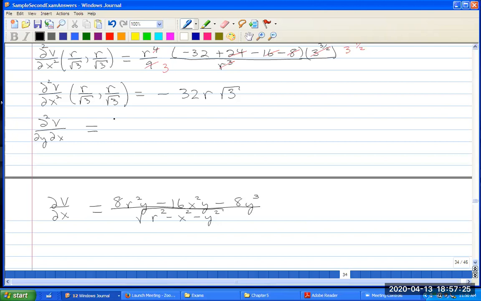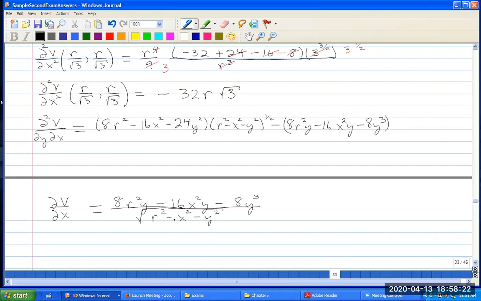So it's 8 r squared minus 16 x squared minus 24 y squared times the denominator, r squared minus x squared minus y squared to the 1/2, minus the numerator, 8 r squared y minus 16 x squared y minus 8y cubed, times the derivative of the denominator.